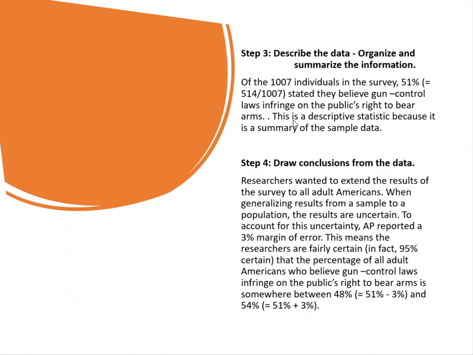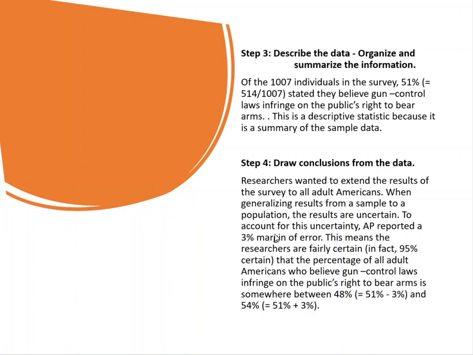The variability comes from the fact that if I speak with a different set of 1,007 people, and do that again and again, multiple different times, every time I talk with 1,007 American people and ask the same question, I should get back some different percentage of Americans that believe in this way.